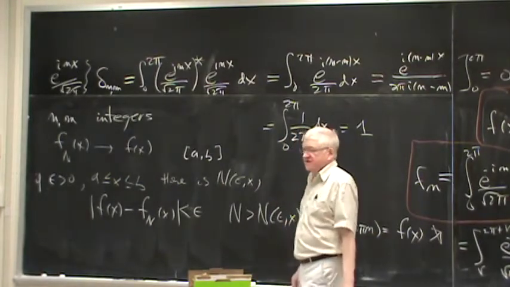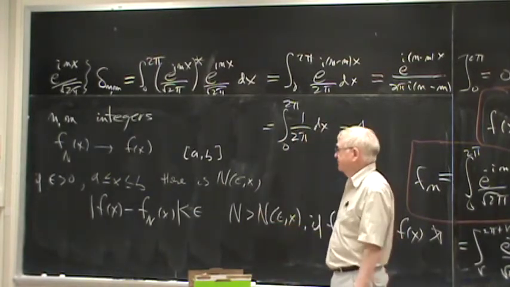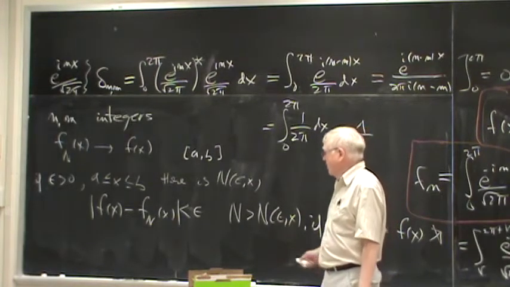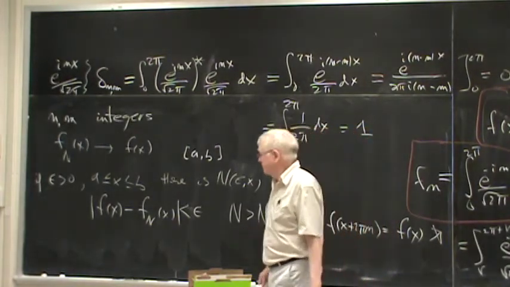So this is the lowest kind of convergence. This is what's called pointwise convergence.